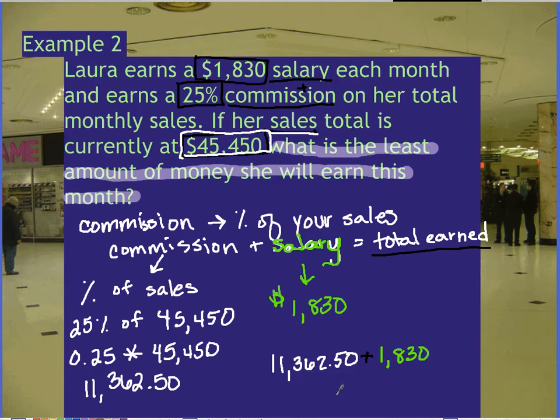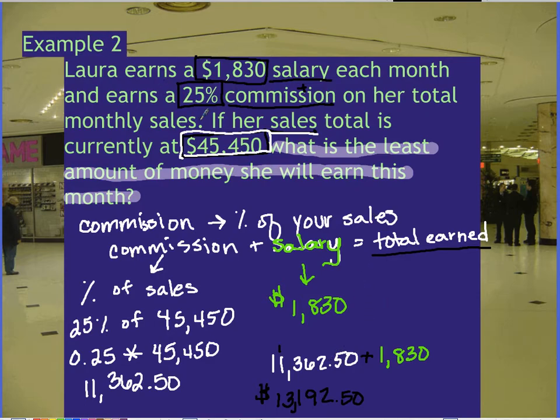So I can do 0 plus 2 is 2, 3 plus 6 is 9, 8 plus 3 is 11, so carry the 1, 1 plus 1 plus 1 is 3. So for the month, Laura will make $13, maybe I have to include the 50 cents, she will make $13,192.50.